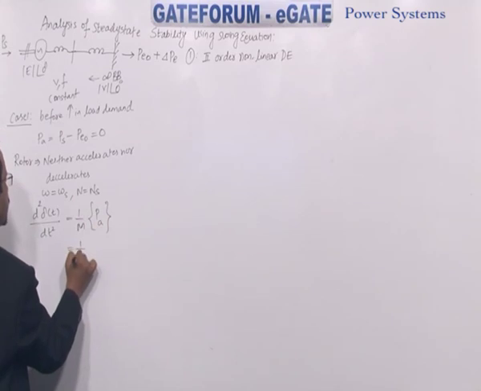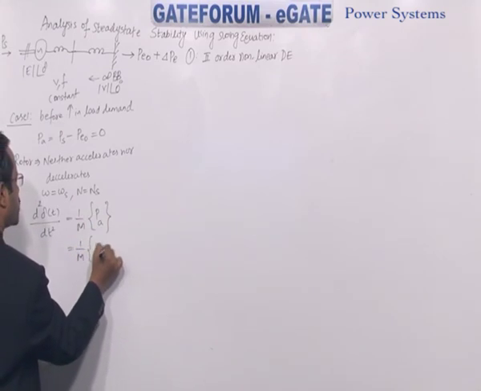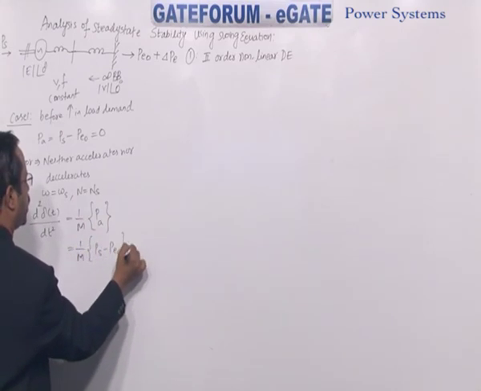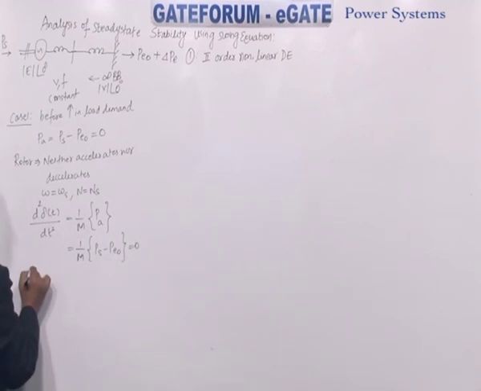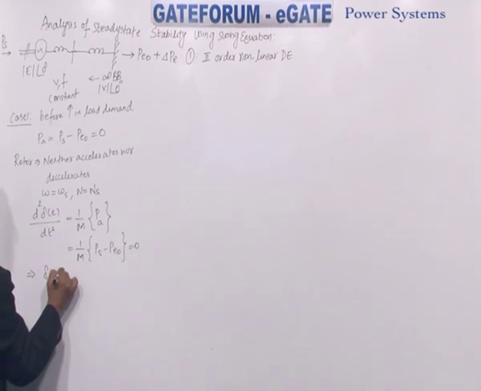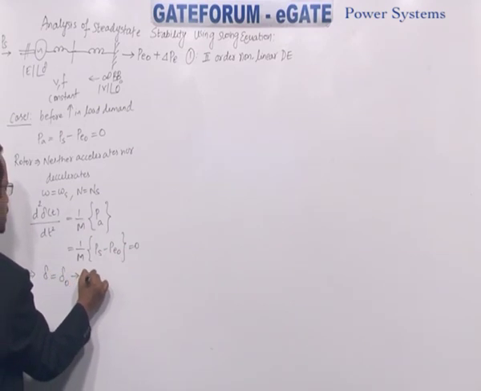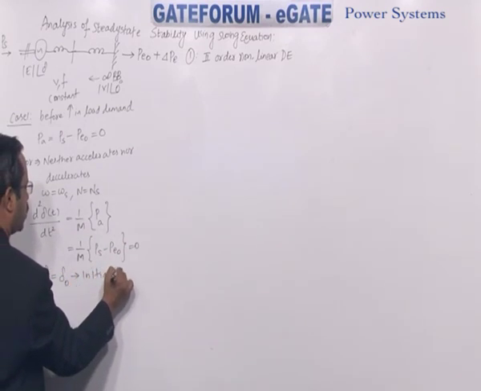How much is this Pa equal to? Ps minus Pe naught. Both are equal, 0. So that means delta is the same as delta naught, that is the initial load angle.